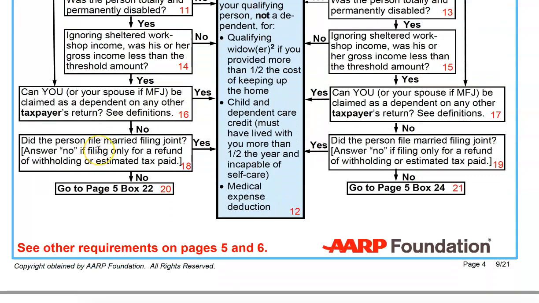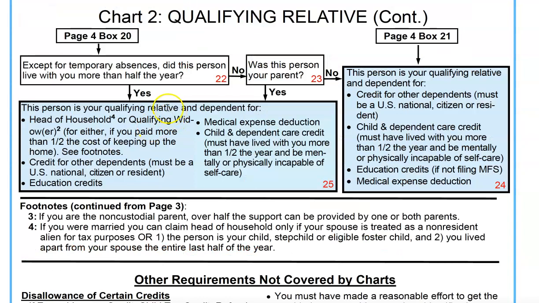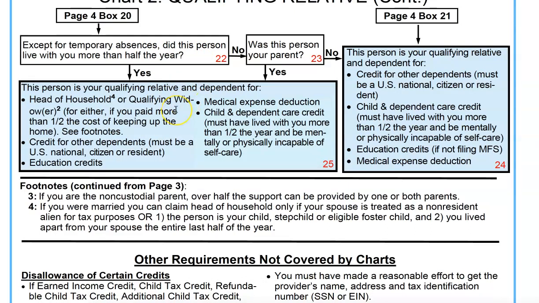No. Did Sophia file married filing jointly? No. We're going to go to box 5, page 5, box 22. So here's box 22. Except for temporary absences, did Raymond live with Sophia more than half the year? Yes. So Raymond is the qualifying relative and dependent for head of household.